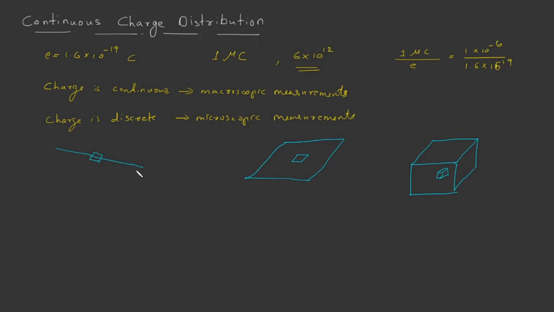If charge distribution is along a line, it is called a linear charge distribution. And if charge distribution is on a surface, it is called surface charge distribution.